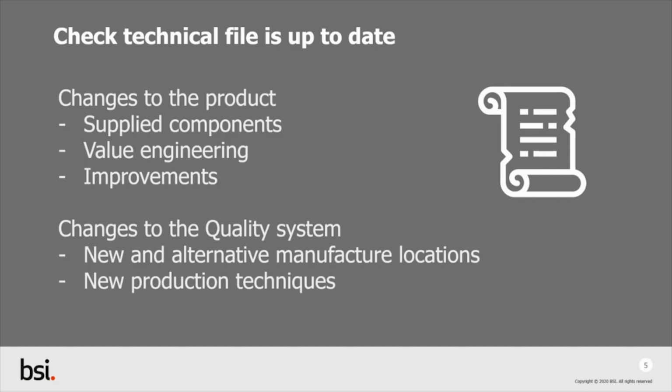Your quality system may have been updated with new production technologies or even an alternative manufacturer location. Whilst that may be an issue for your existing certificate with whoever that might be with, for now I'm only going to focus on your current UKCA application with BSI, as we're keen to get things right from the outset.